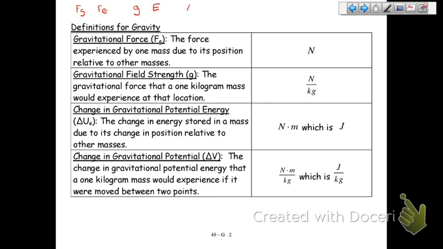Then we have delta UG, the change in gravitational potential energy, delta UE, the change in electrical potential energy, and delta VG, which we've never heard of before, our change in gravitational potential, and our delta VE, change in electrical potential. Your 9-volt battery has a potential difference between its 2 terminals of 9 volts. That's what that is.